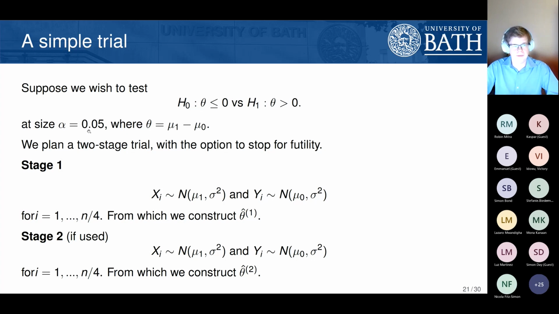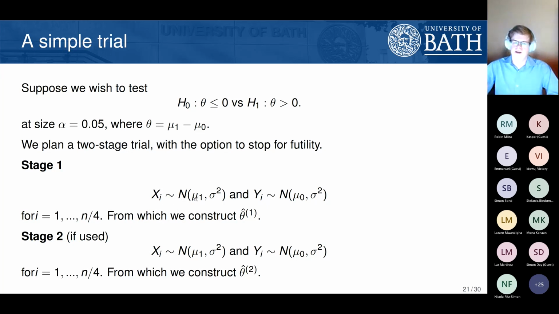So we'll just take that as 0.05 for today, where our theta is the difference between our experimental treatment and our control treatment. Well, we might plan a two-stage trial, and we're going to leave open the option to stop this trial for futility. So that's going to be our adaptation. We'll come back to how we make that adaptive decision momentarily.